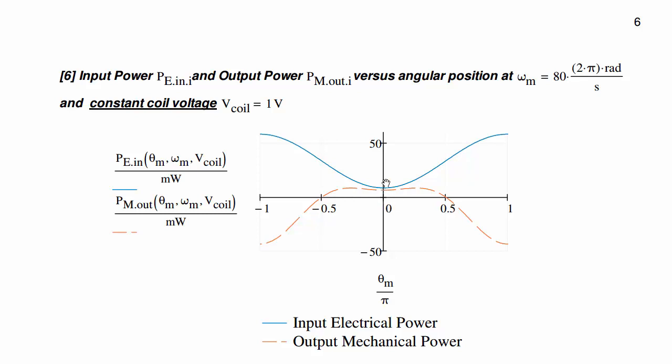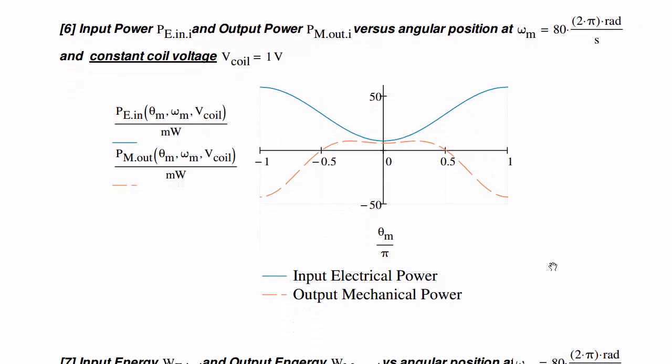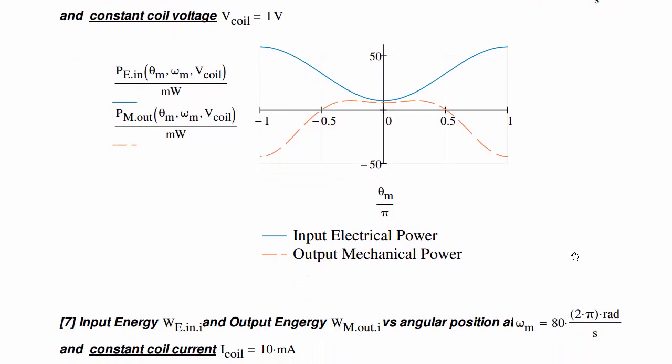I think the efficiency is the ratio of these two. Maybe right here we can get close to 80% efficiency. Obviously here we're at 0%, and if you operate over this whole range, we'd have to take the integral of that power over the period and take the ratio of output energy over input energy.